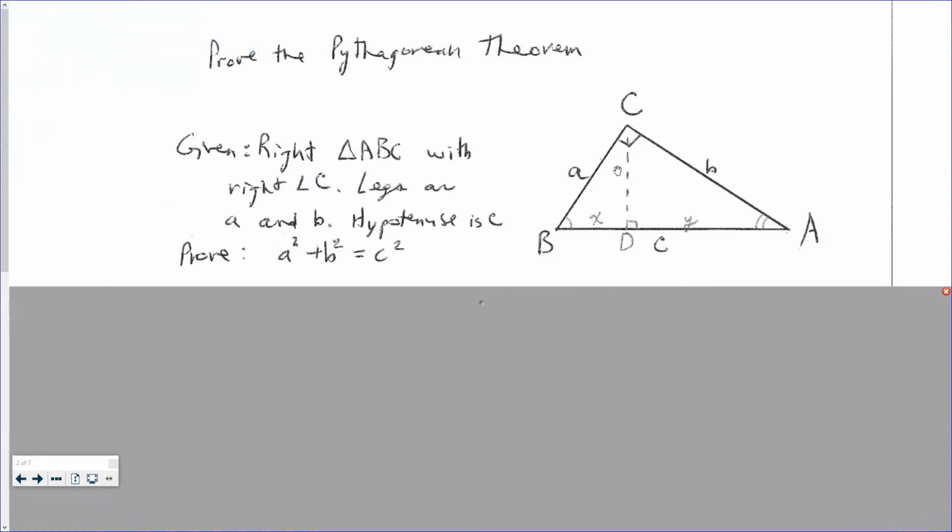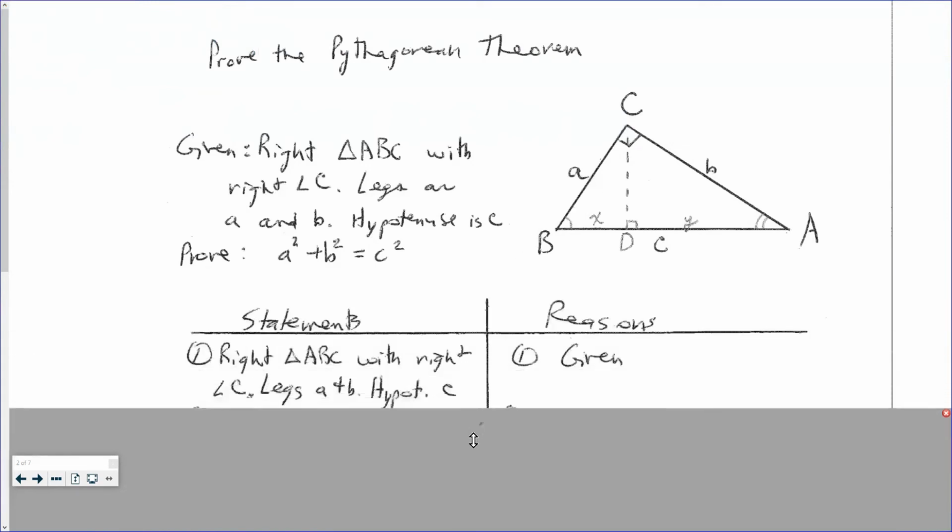We usually use lowercase letters for lengths of sides and uppercase letters for points and angles. Also, it's typical that lowercase a would be opposite angle A, lowercase b is opposite angle B, and lowercase c is opposite point C. That isn't always the case, but it's typical. Our hypotenuse is c, and we're trying to prove that a squared plus b squared equals c squared.